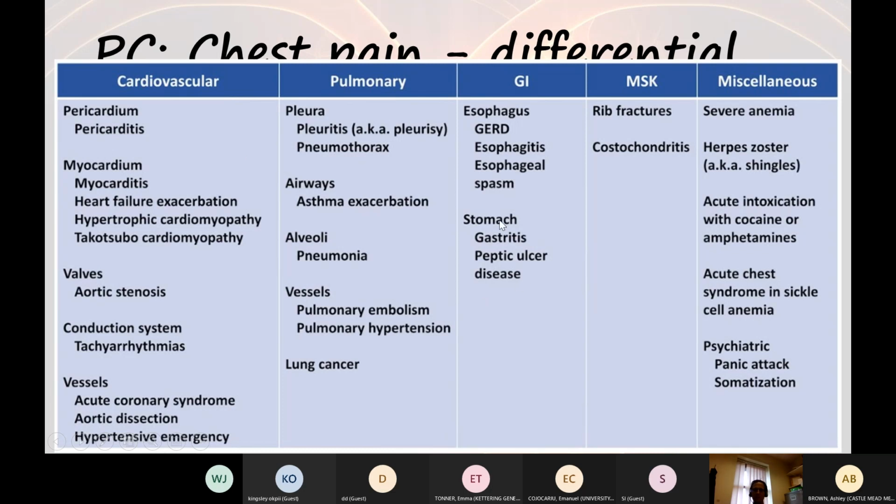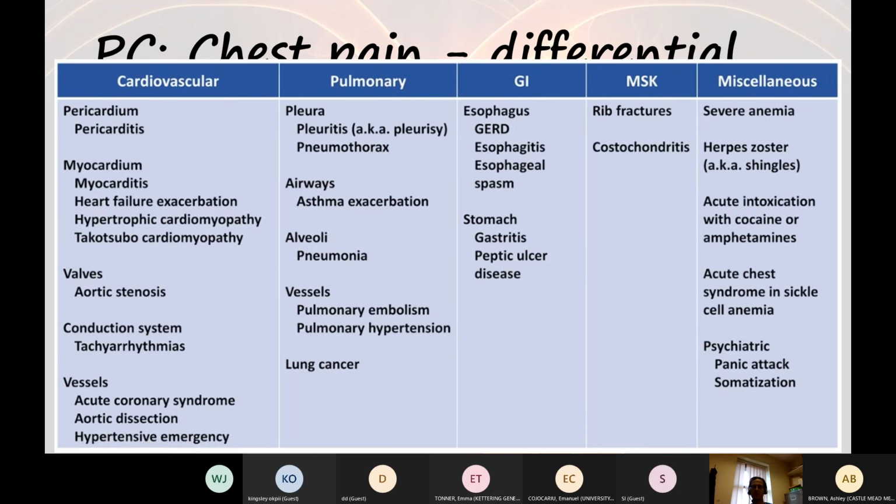There are also the GI causes, and so GORD or GERD if you're American and can't spell esophagus. The particular one to be aware of with GI is esophageal spasm, because the esophagus has got smooth muscle in it, and if it's being irritated with gastroesophageal reflux, then it can go into a spasm, which is relieved by GTN spray.